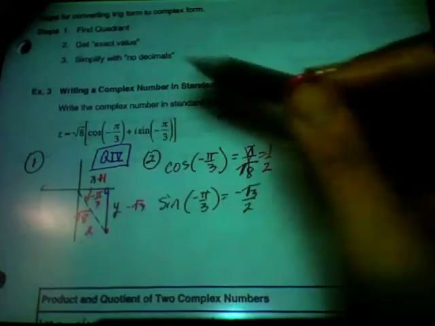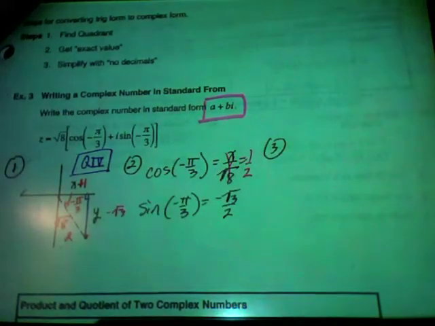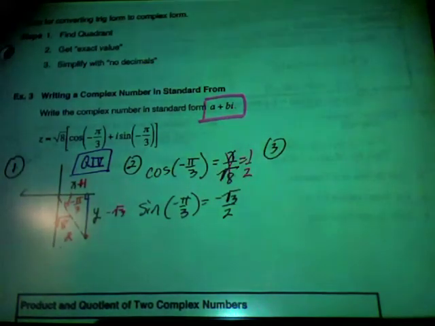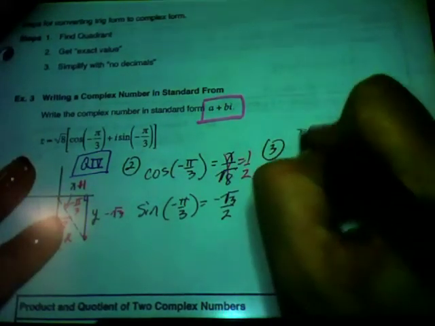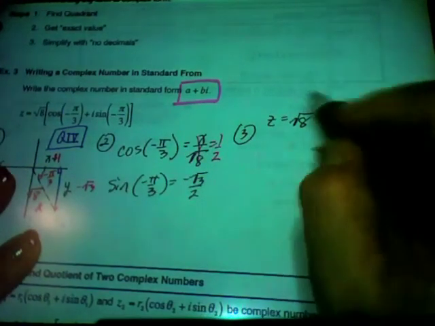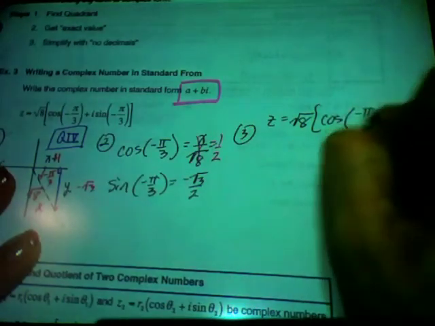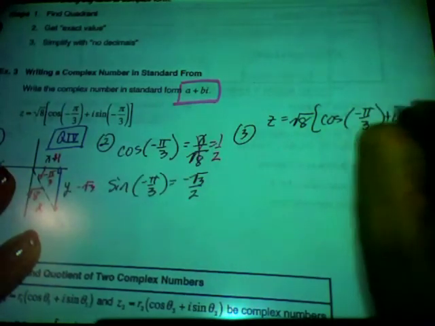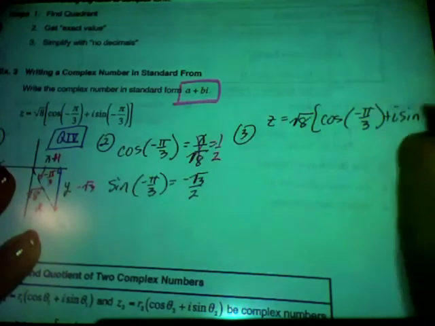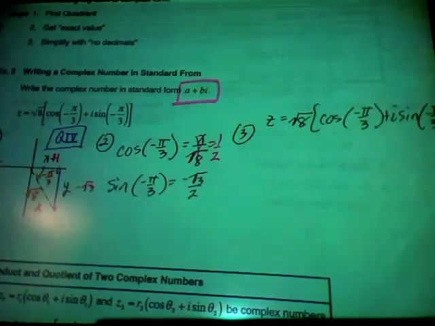So, step 3, simplify with no decimals. So we're going to take our original problem that they gave us, which was z equals square root of 8 times the cosine of negative pi over 3 plus I sine, I feel like saying I pi, I sine, but I'll manage to stop myself.